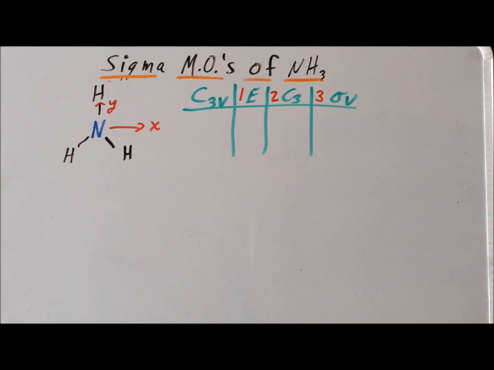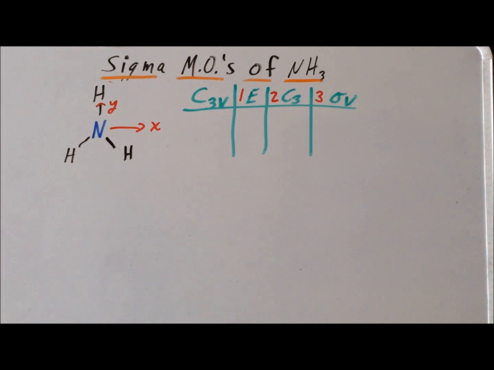We recognize that ammonia belongs to the point group C3V, and we begin to sketch out the table that we're going to need to set up a reducible representation for the sigma molecular orbitals of ammonia.